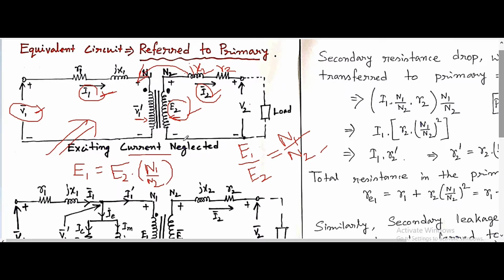Now, the resistance voltage drop in the secondary is I2R2. Similarly, when we refer this voltage drop to the primary side, we need to multiply this secondary voltage drop by the turns ratio, N1 by N2.